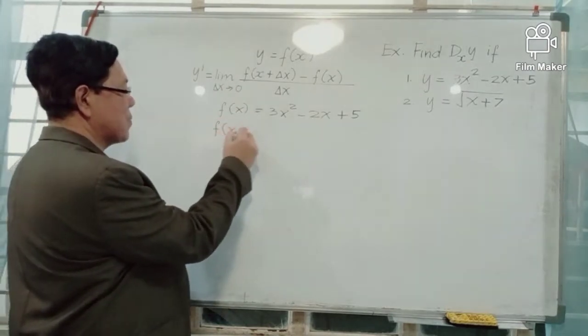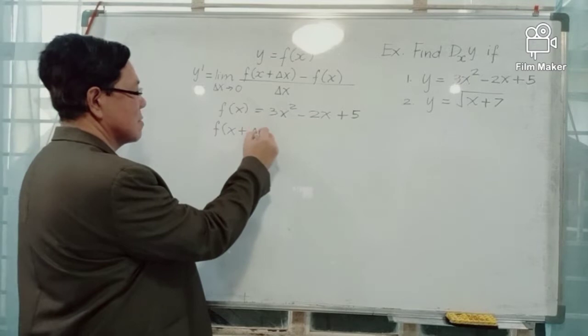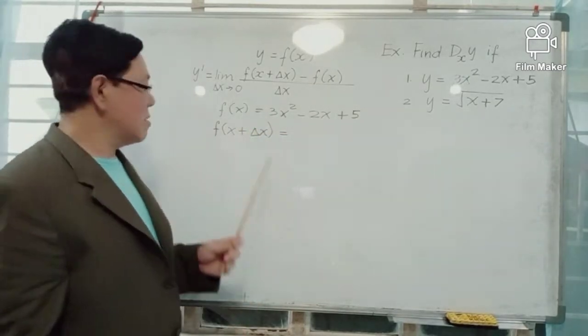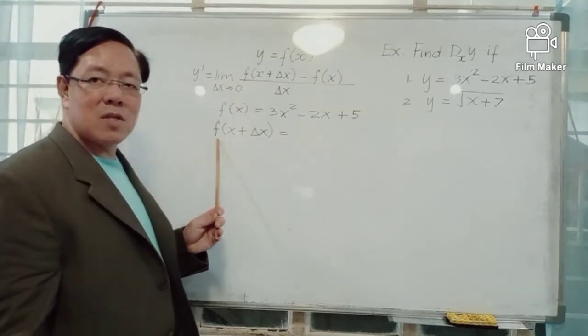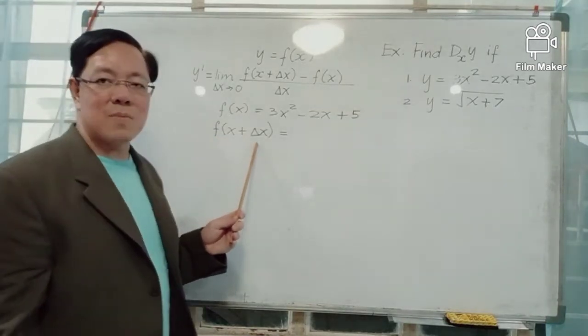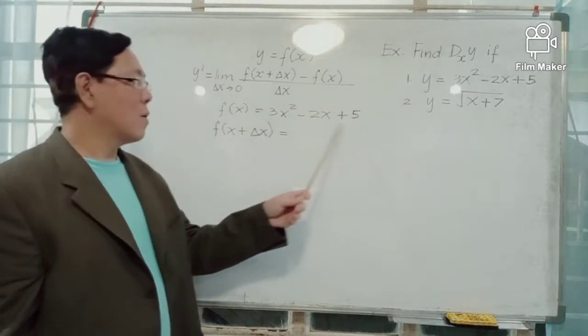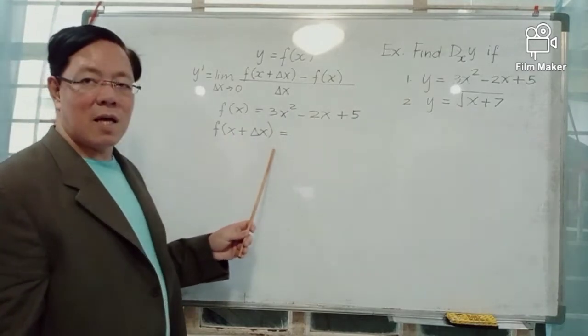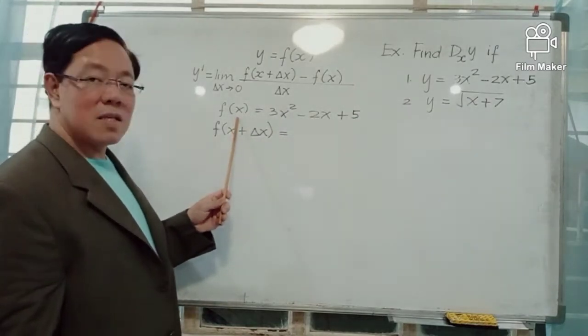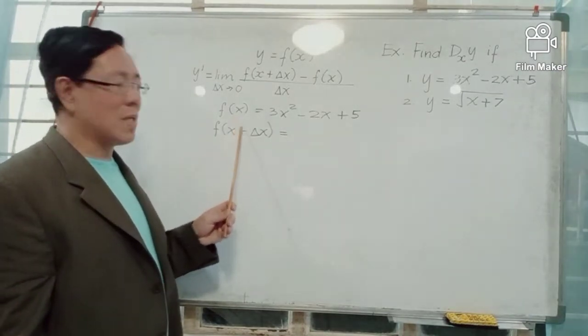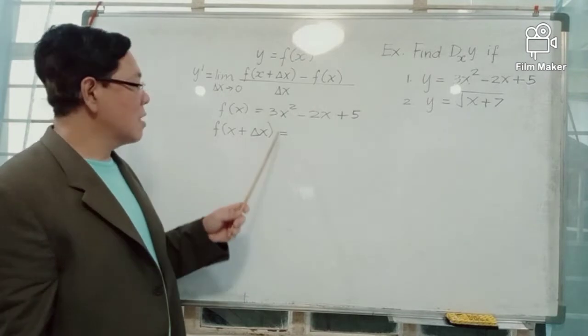We obtain the value of the function at x plus delta x by replacing every x in f of x with x plus delta x. Replace every x in the function f of x with x plus delta x.